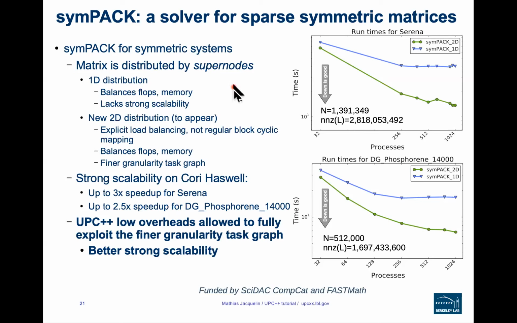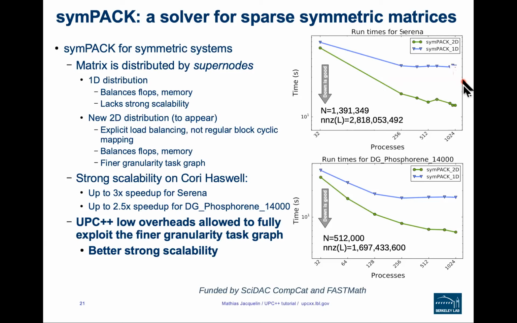This is important because the overheads, which are very low with the UPC++ library, allow us to fully exploit the finer granularity of the task graph in order to achieve, in the end, better strong scalability. On the right here, we have two experiments which have been run on Cori Haswell. Serena is a matrix from the SuiteSparse matrix collection.